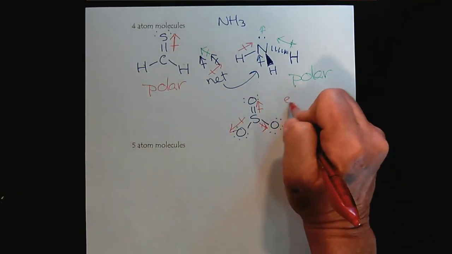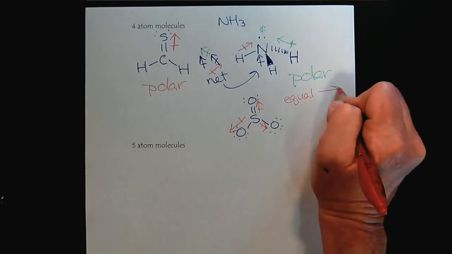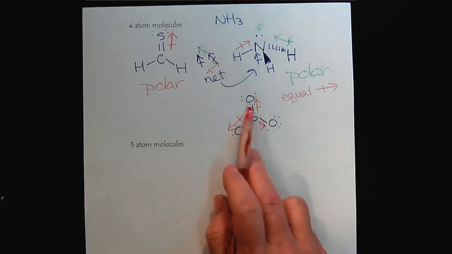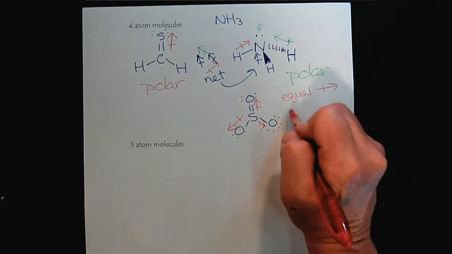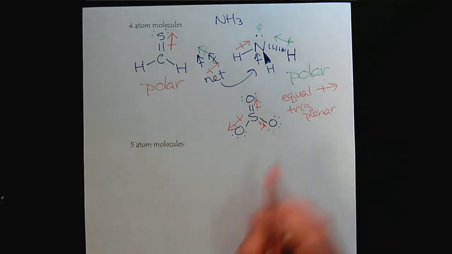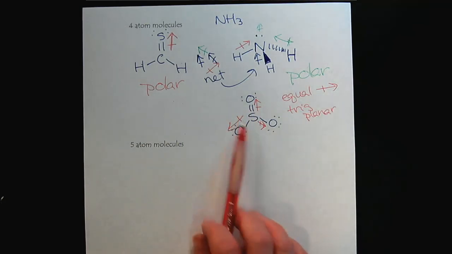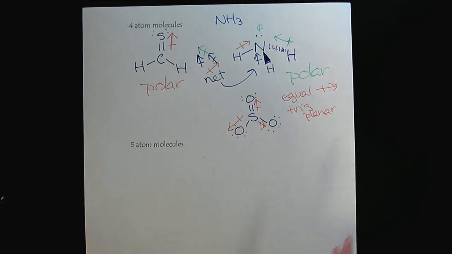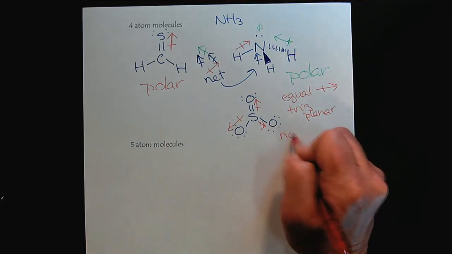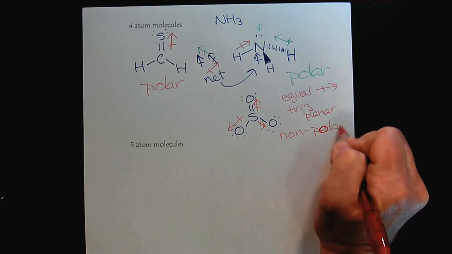But they're all equal in size. So we have equal dipole moments, right? And then the geometry here is trigonal planar. So this is similar to carbon dioxide. It's like 3 spokes on a wheel pulling with equal intensity. So they all cancel out and the molecule is nonpolar.